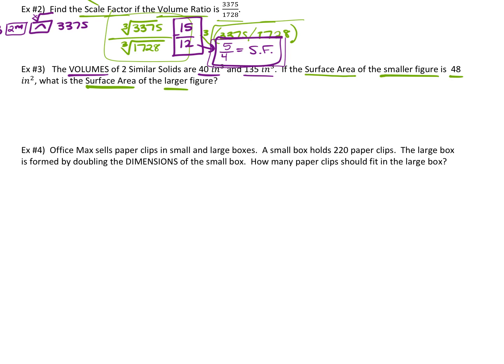Your volume ratio is 40 to 135. Do you think that's your actual volume ratio? I mean, it is. There's a better way. What should you do? Reduce that, okay? Those are both divisible by 5, so you get 8 over 27.